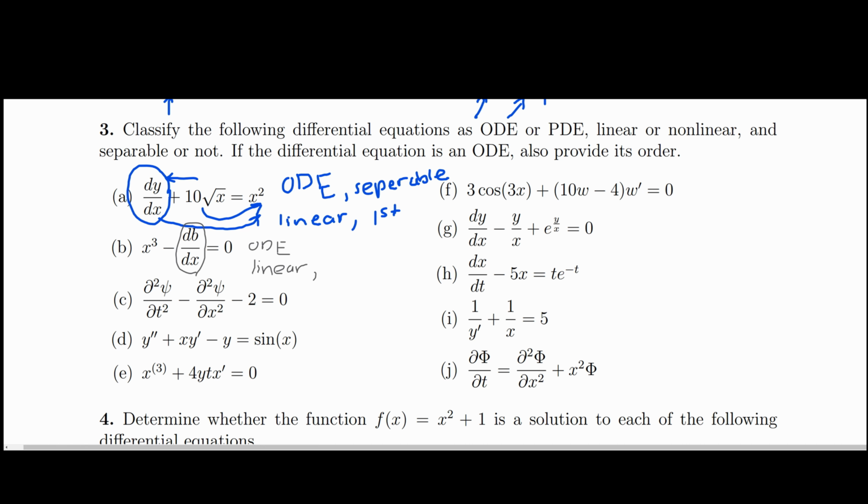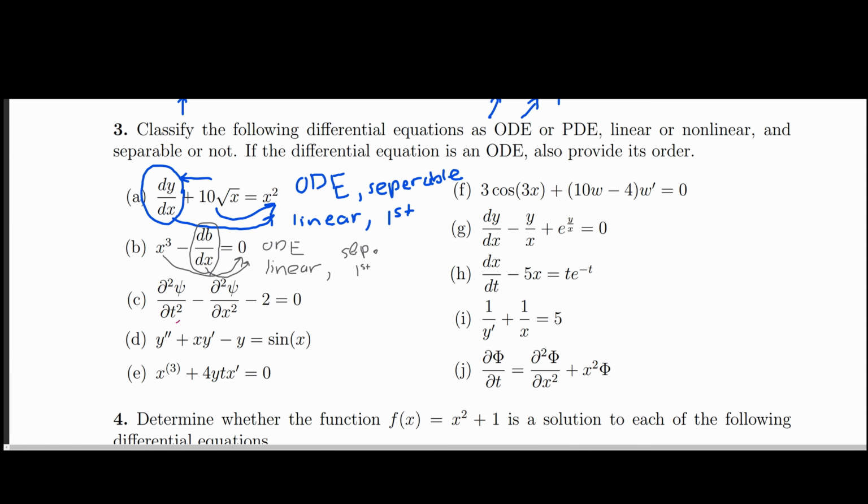Well, this dx can be moved to this side, and then this dx can be multiplied to this side, leaving just the db on the left side and all the dx's on the right side, meaning yes, it is separable. Now we look at the order. Since there's only one derivative, that's all we have to look at, and it is being raised to the first power, meaning it is of the first order.